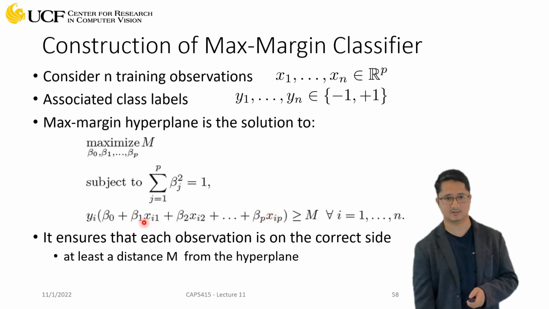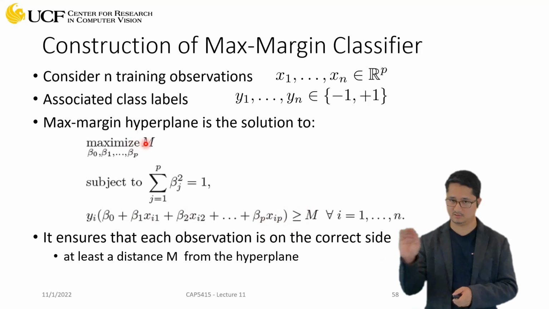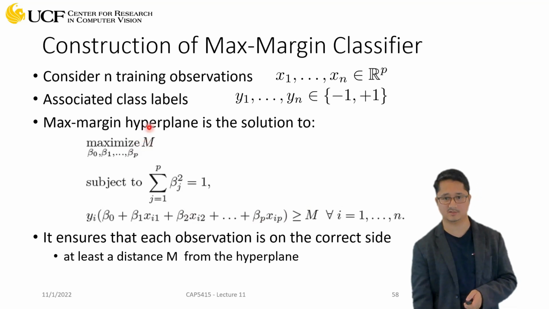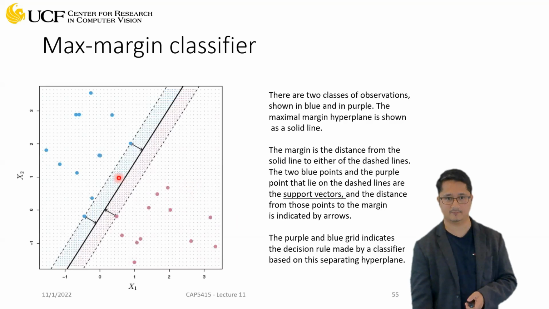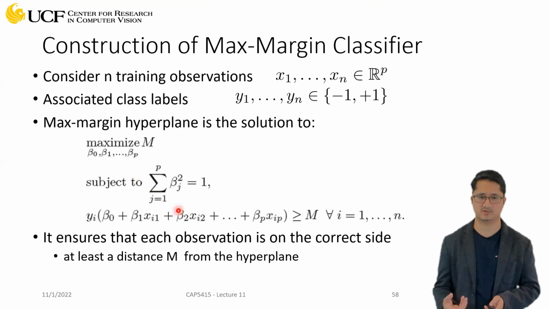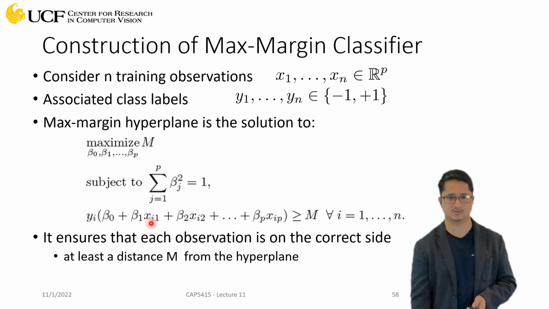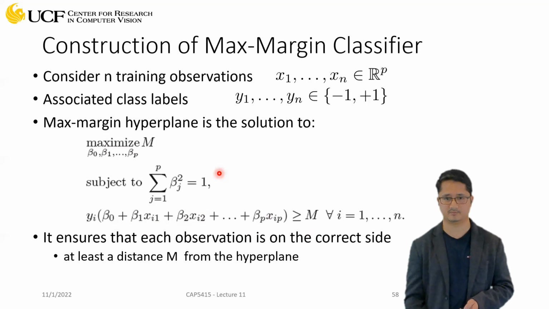We are just placing all the training points in the equation of your hyperplane, so they should be greater than m. m is your margin, because they are that distance away from the decision boundary. As I said, if the point is directly on this plane, the value will be 0, but we want that value to be m. That's what we are optimizing. Once you have this equation, you can use any optimization technique to find these values. The values you're looking for are all these betas, which define your hyperplane.